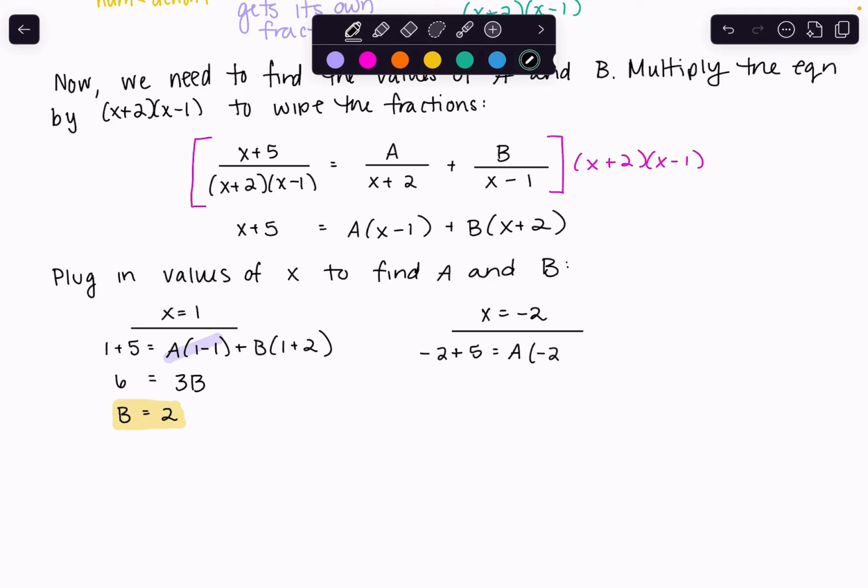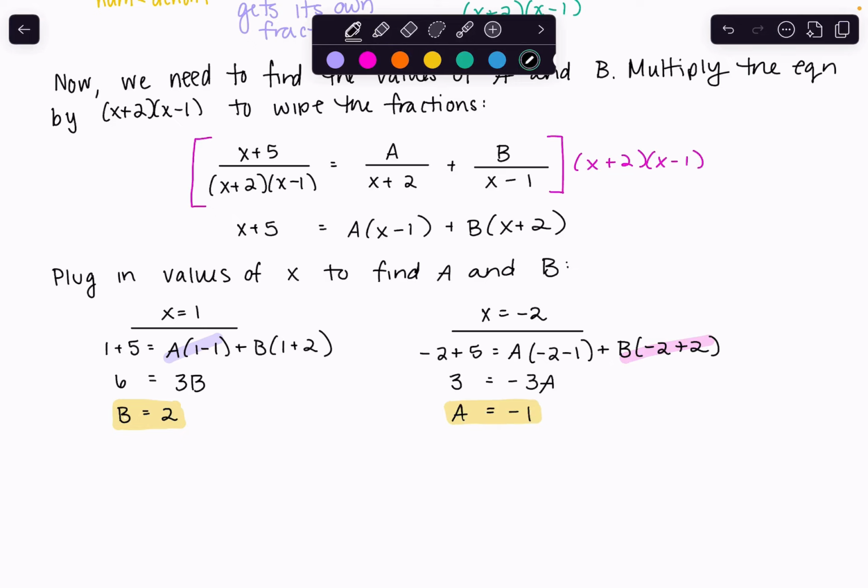A times -2 minus 1, and b times -2 plus 2. So again, this is great because that will disappear. You get 0b. So this will be +3 is equal to -3a. So our value of a is -1.